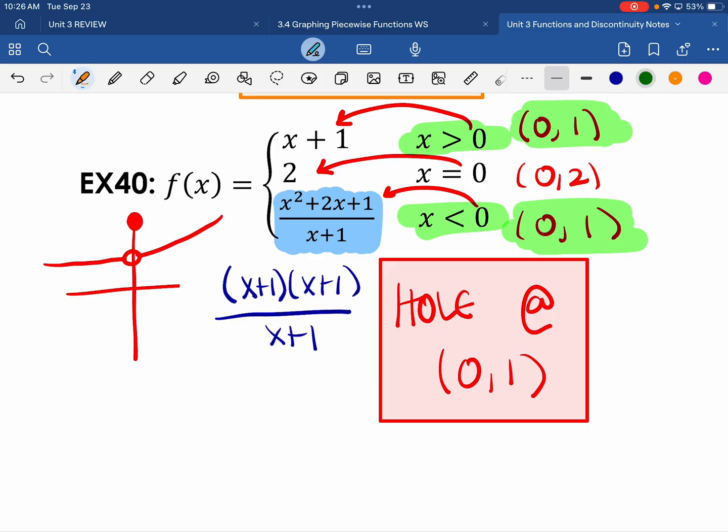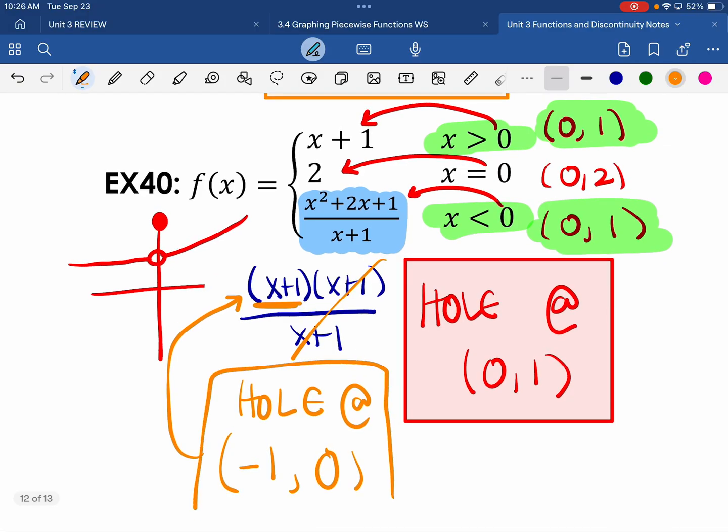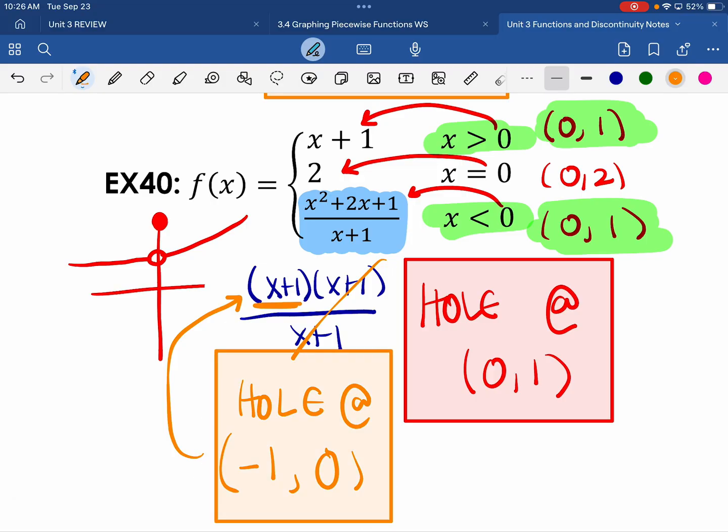So then what are you seeing? It cancels. So it's not a VA, it's a hole. What's the x value of this hole? -1. And then when you plug it back into the remaining, you get 0. There's 2 holes.